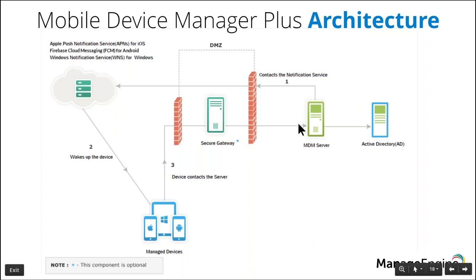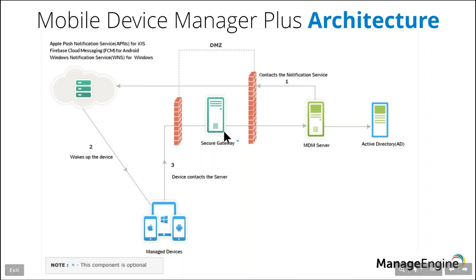And for the communication, the MDM server leverages the notification services to wake up your mobile devices, which in turn get in touch with your server directly, thereby completing your communication cycle.